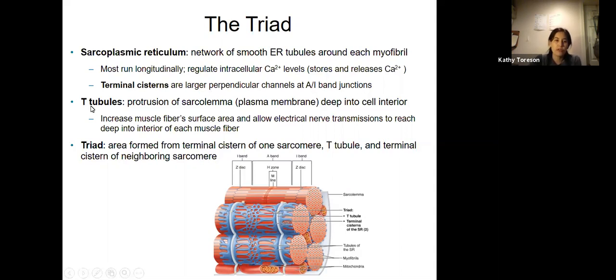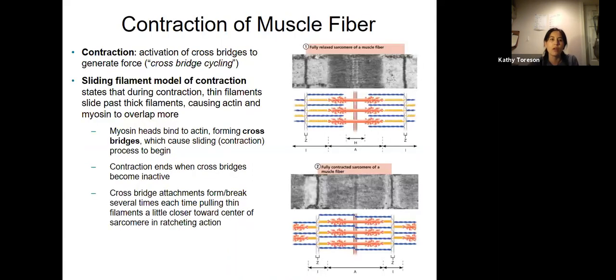And those protrusions have a fancy name, T-tubules. So I just don't want you guys to get confused with all these new terms, because they are just fancy names for structures that we've already learned about in cells. Right.